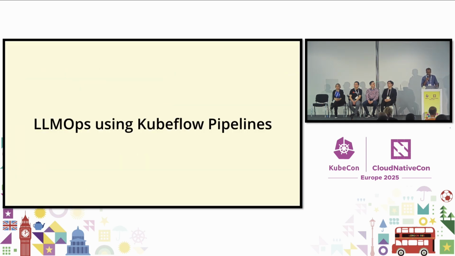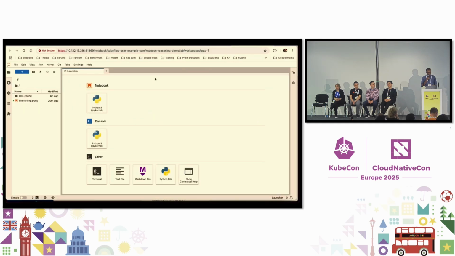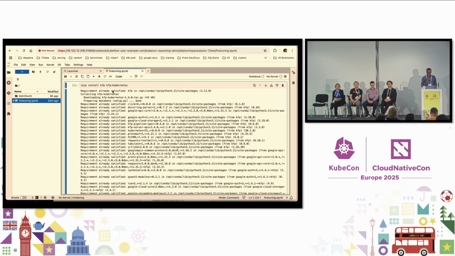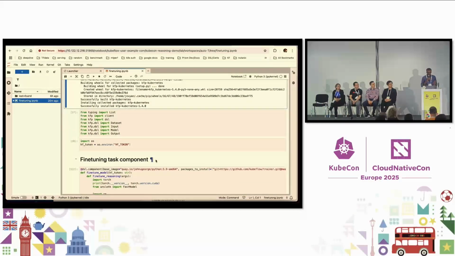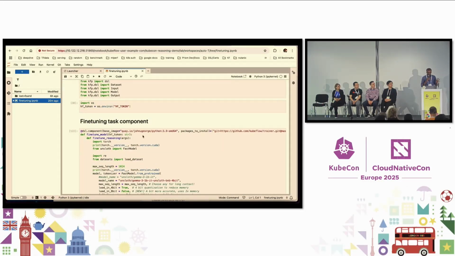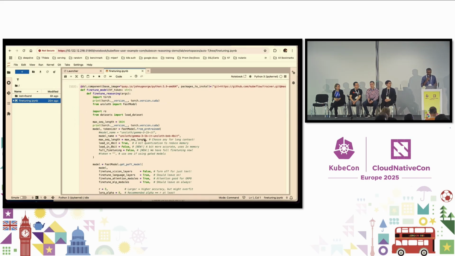So let's go to the LLMOps part using Kubeflow Pipelines. I have a notebook here, which is already created. Going into the notebook, I have a fine-tuning Jupyter notebook. Install KFP, which is the Kubeflow Pipelines SDK. I used a Hugging Face token for downloading the gated model from Hugging Face, which is the Gemma 3 model.